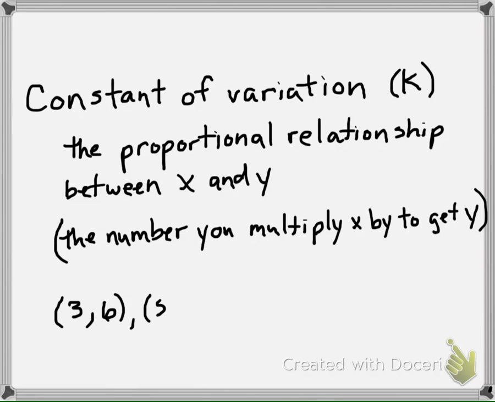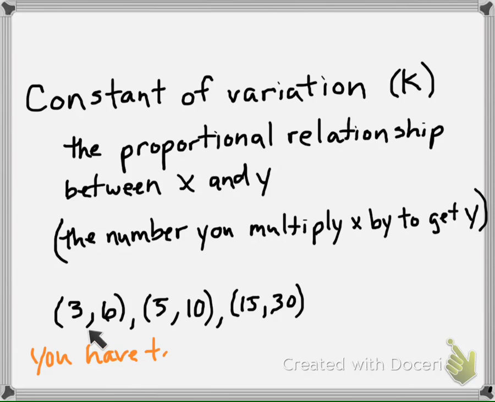Now, an example. Here's a couple of points. I have 3, 6, 5, 10, and 15, 30. So again, this is an X and a Y, an X and a Y, and an X and a Y. So if you see, I have to multiply 3 times 2 to get 6.